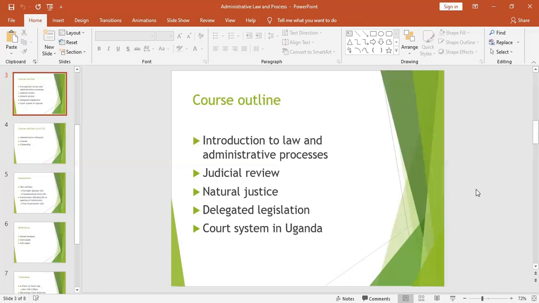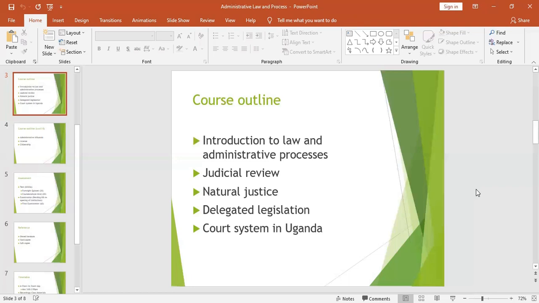Another function of law is that it helps to protect property rights. The Penal Code Act, which I already mentioned, outlaws robbery, theft, and burglary, so that people can be able to own their property.